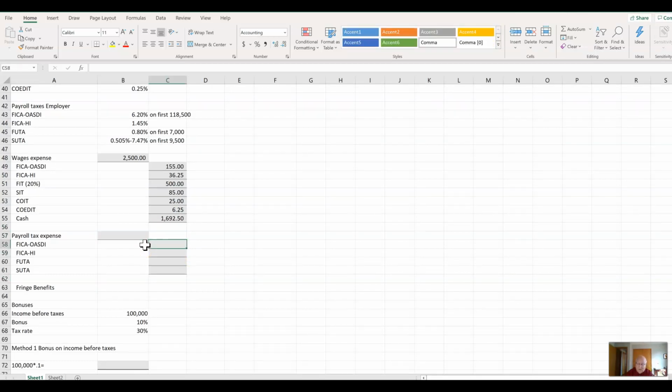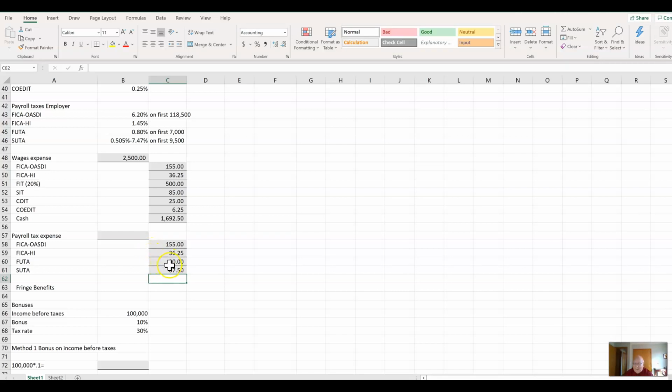This is the employer's part of the tax. Well, that's going to be $155, $36.25, and then this is equal to the $2,500 times 0.008, which is $20, and this is equal to the $2,500 times 0.027, which is $67.50.